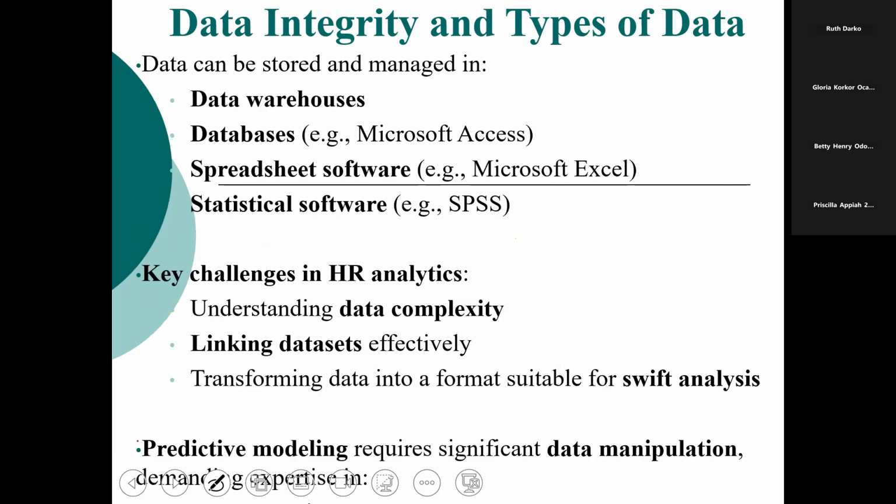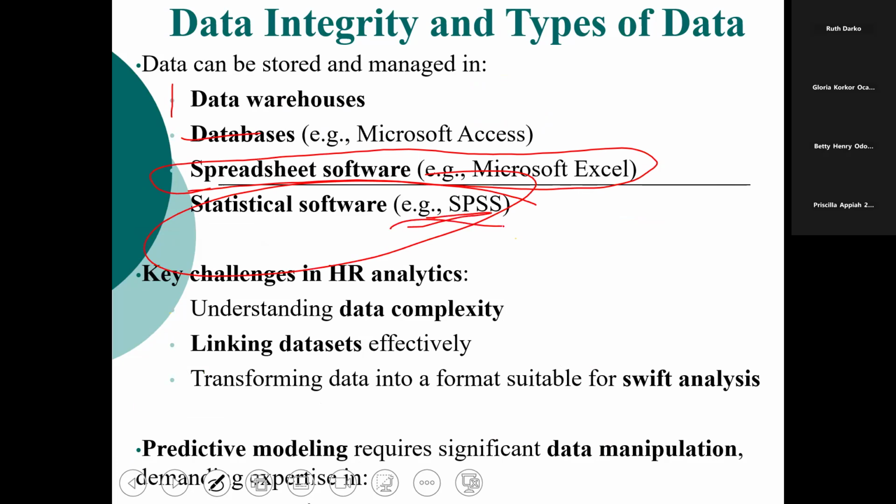So to do that, we have data warehouses, we have databases, we have spreadsheets, the common one that you know, Excel. And then we have statistical software. The commonest of all is SPSS, which I teach at the undergraduate level. But there are key challenges when you are using this software. Why?